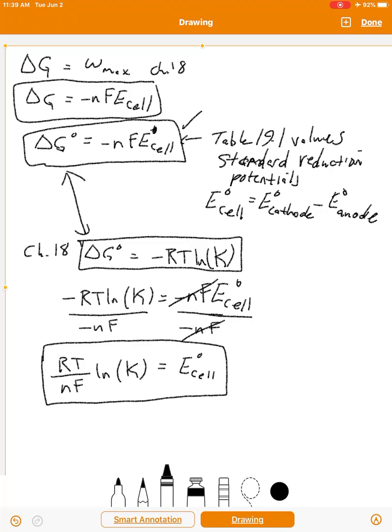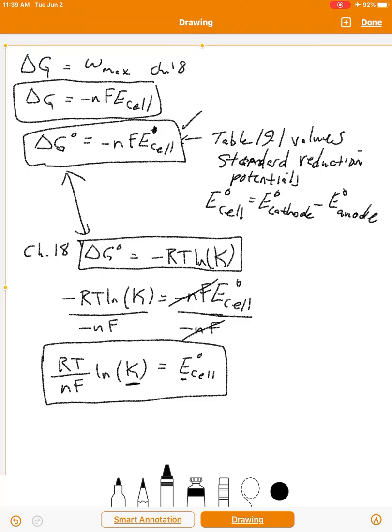That's one of the conclusions here, which says that the standard cell potential is related to the equilibrium constant according to this equation here. Isn't that interesting? If you somehow measure the equilibrium constant, that can give you the cell potential. Or of course you could do it vice versa. You could find the equilibrium constant from the cell potential if you wanted to.